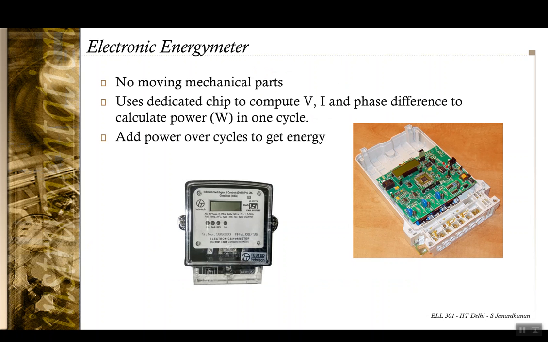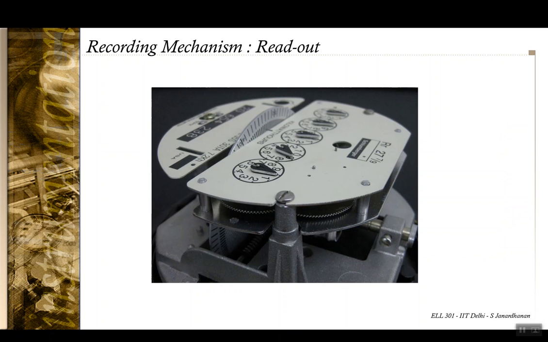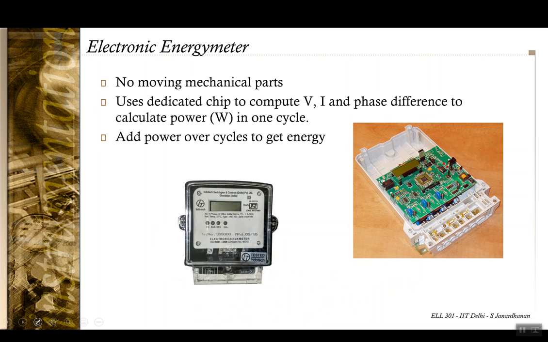However, all that we have seen until this slide is talking about the analog energy meter. In more recent times we have digital or electronic energy meters in usage, and they do not have any mechanical parts.